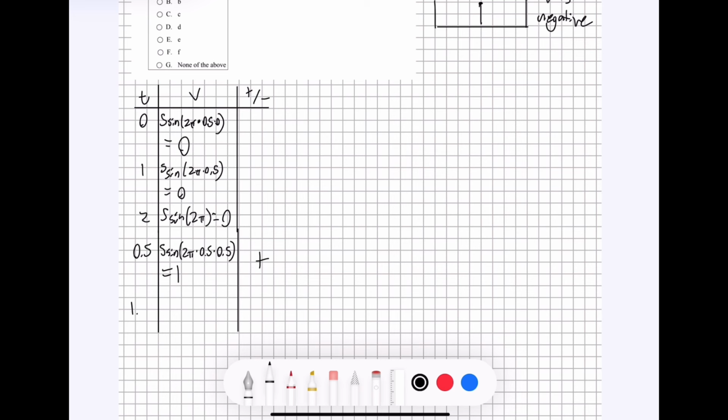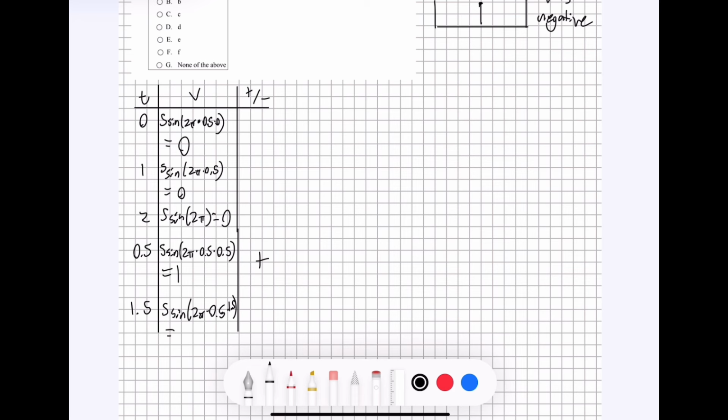All right, let's try 1.5 because it's in between 1 and 2. 5 sine of 2 pi times 0.5 times 1.5. That is essentially going to be the same as 1.5 times pi inside of the sine function.